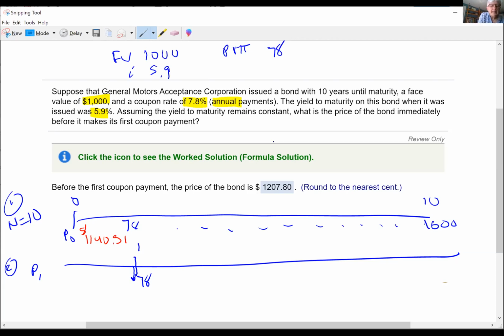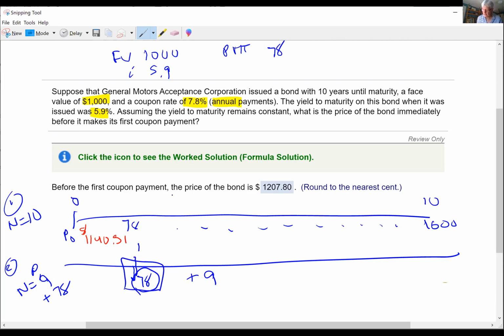So immediately before this payment, what we have is we're getting this $78 plus the remaining 9, and the remaining 9 are a regular annuity. So one way to do that is just to say, let's act as if N equals 9, and then add the $78 that we're getting today.